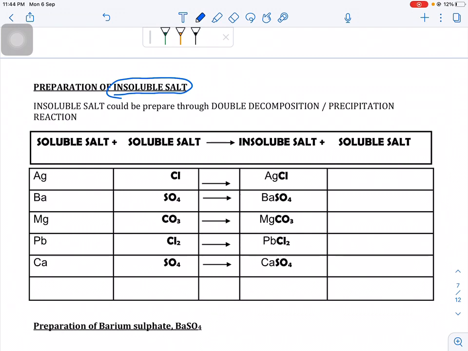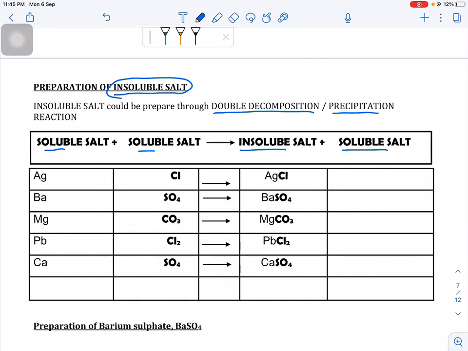Insoluble salt can be prepared through double decomposition reaction or precipitation reaction. In double decomposition, what we need is two soluble salts combined together, and they are supposed to produce only one insoluble salt and another soluble salt. Okay, let's say the first example, my insoluble salt is silver chloride.